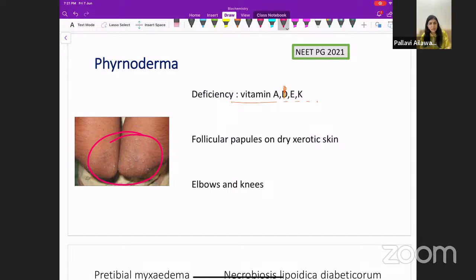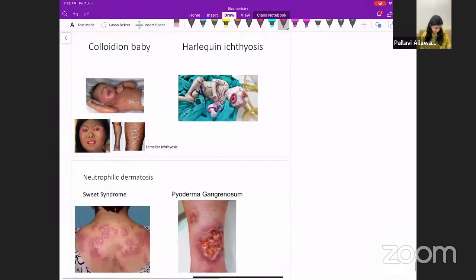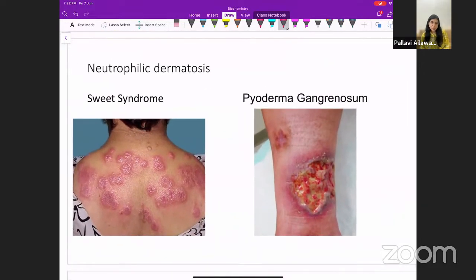Other than that, any other doubts? What would be the treatment of choice for neutrophilic dermatosis?